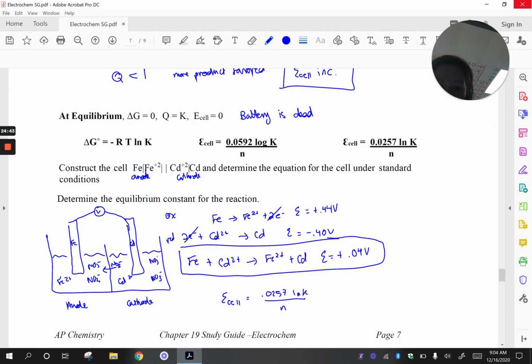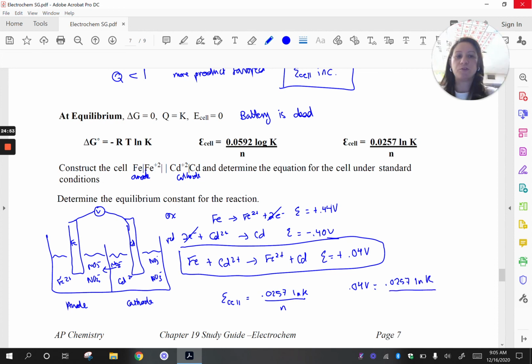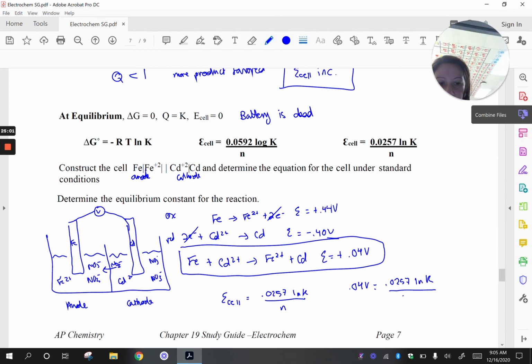Our cell potential is 0.04 volts. That is equal to 0.0257 natural log of K over n, where n is the number of moles of electrons that are transferred. The electrons that you cross out, that's the number of electrons. So that's 2. And we're going to solve for K.